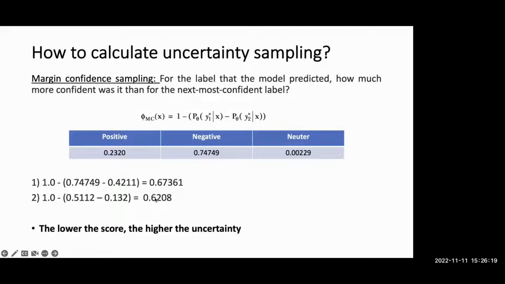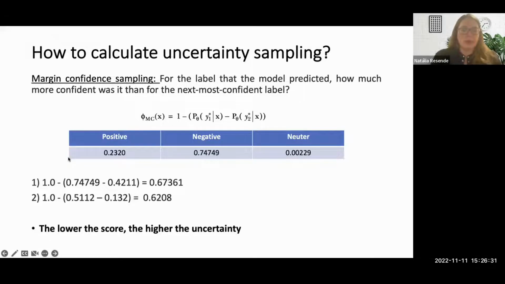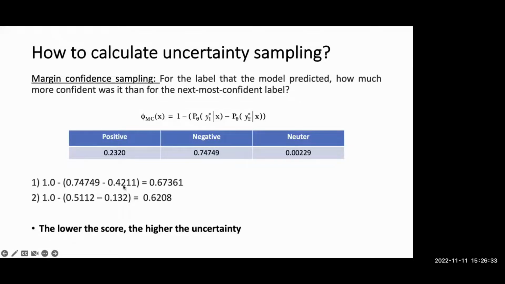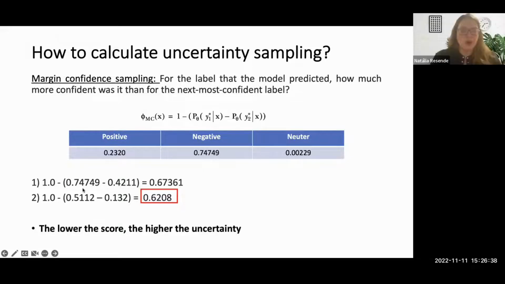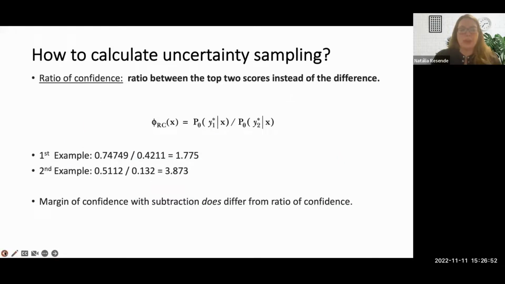Sorry, Natalia, can I ask a question on number one, the 0.4211? Where does that figure come from? Oh, those are just examples that I'm giving here as probabilities.